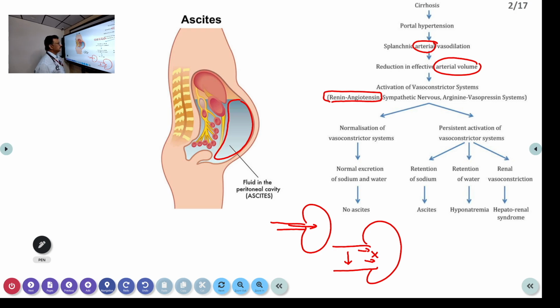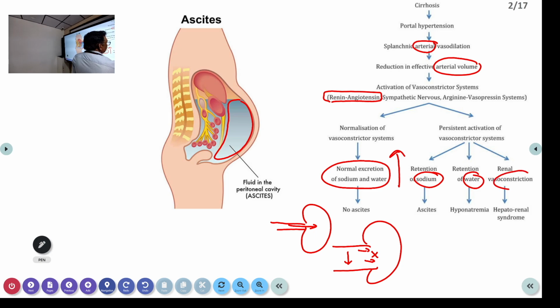That will produce secondary hyperaldosteronism, which is very important. Secondary hyperaldosteronism tries to retain water and sodium. Initially it will produce normalization of circulation, but after some time sodium will increase. So there is retention of sodium, retention of water, and renal vasoconstriction.